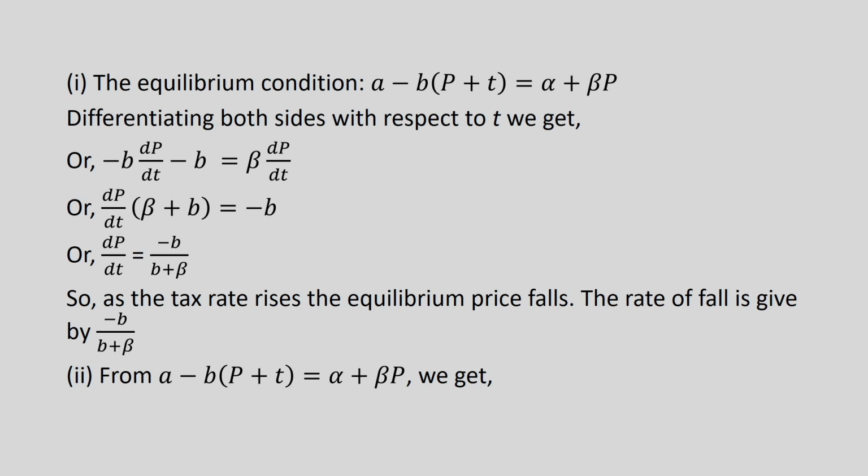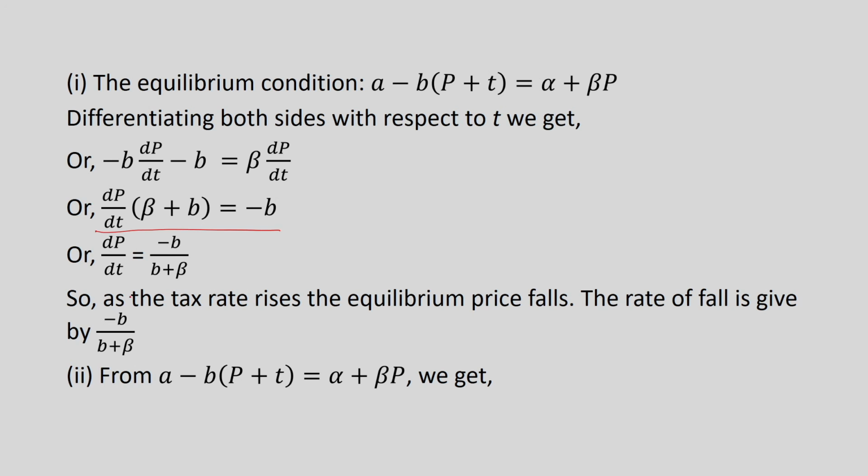On the right hand side, alpha differentiated with respect to t becomes 0, and beta multiplied by dp dt. I take all the dp dt terms to the left hand side, and the coefficient of that will be beta plus b, and on the right hand side I take the constant terms, and that will become minus b.